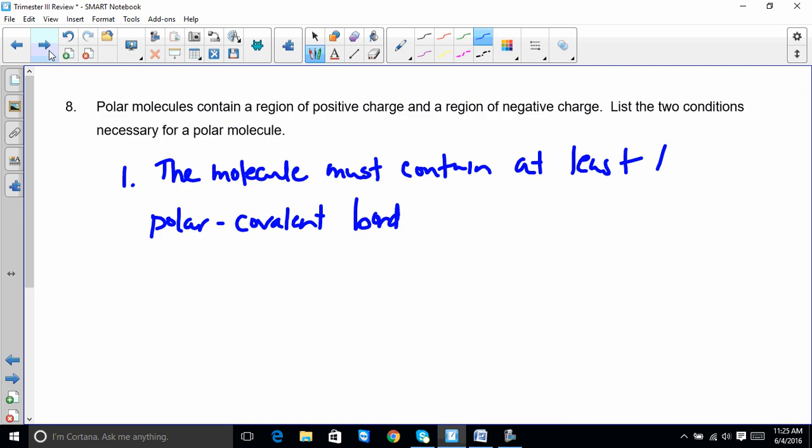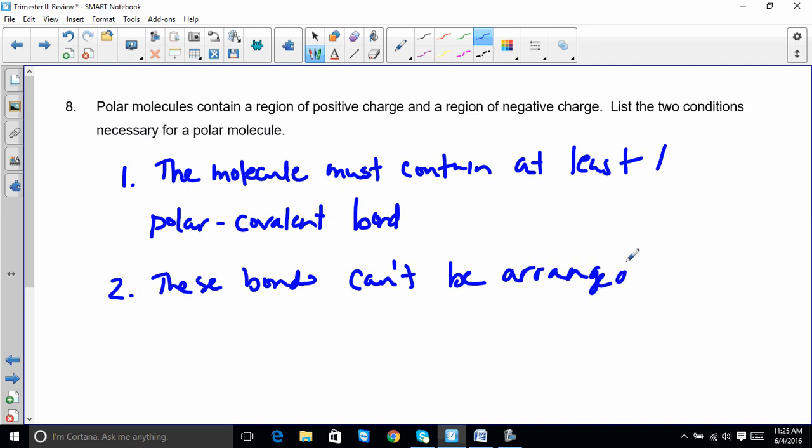And here's the tricky part too. These bonds can't be arranged symmetrically, because if they're symmetrically arranged, the shifts cancel. So like, let's say I have an AB2.